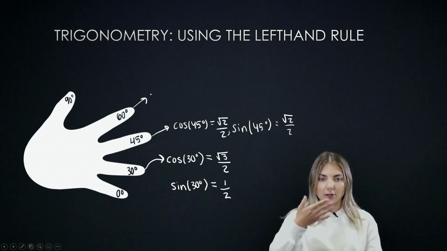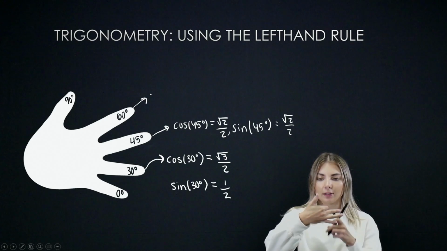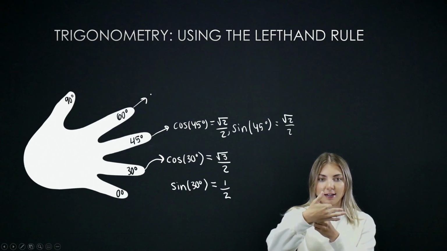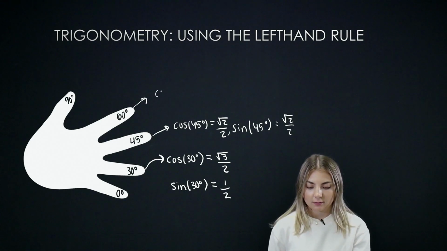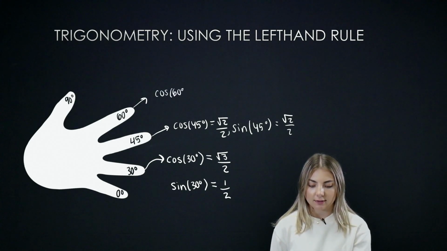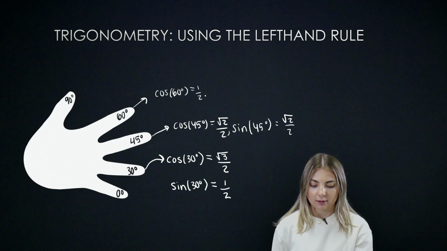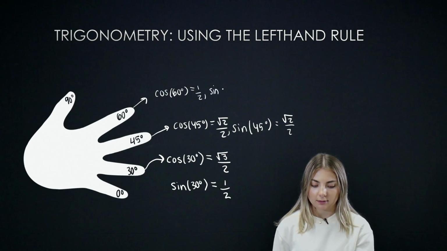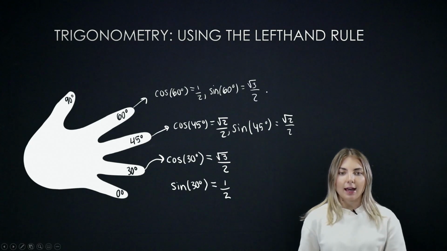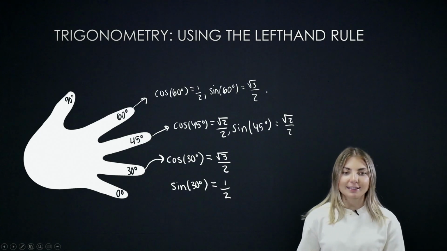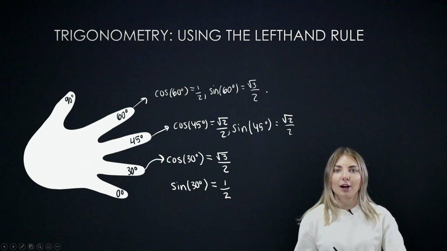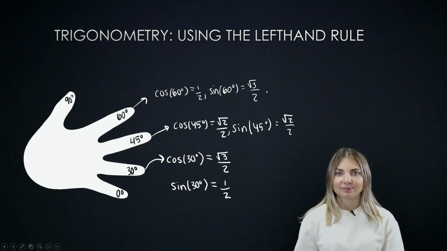And then with 60 degrees, we're going to put this finger down. Cosine of 60 degrees equals 1/2, and then sine of 60 degrees equals square root of 3 over 2. And although this applies to the first quadrant on a graph, we can apply this to others based on the negative and positive signs of your x and y values.